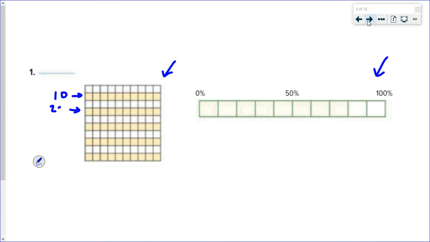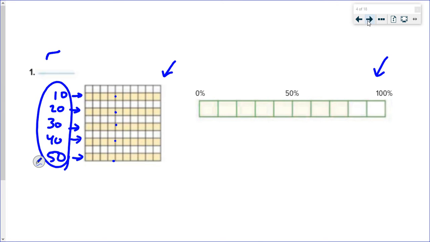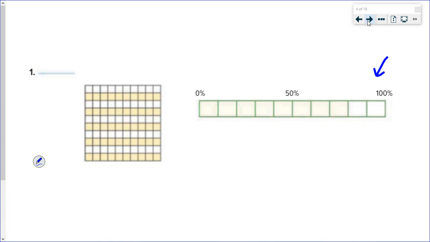So that means there's 20 here, 30, 40, 50 altogether, because each of these is worth 10. So that means 50 total blocks are shaded out of this 100. So if 50 blocks are shaded out of 100, that means 50% of this 10 by 10 grid is shaded.